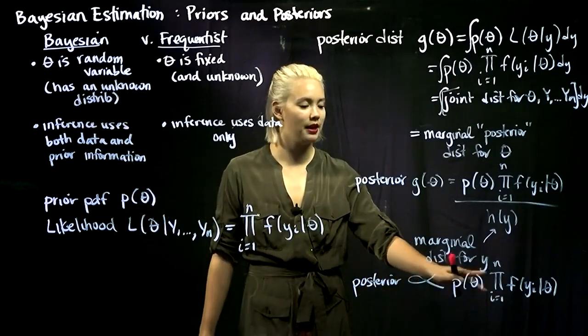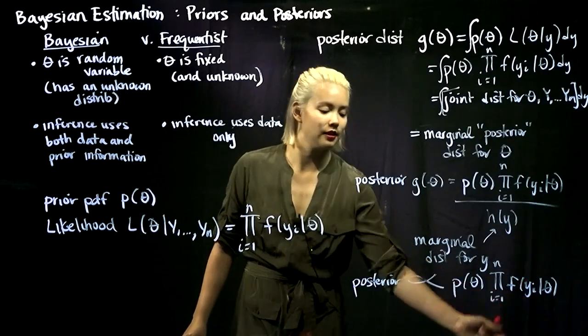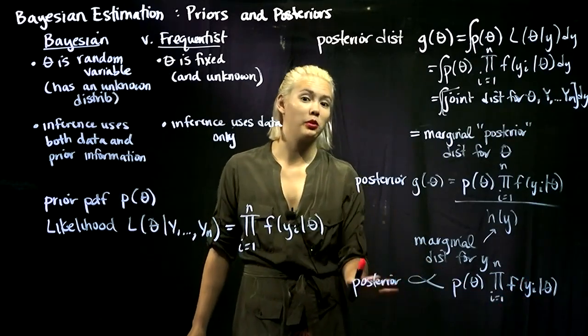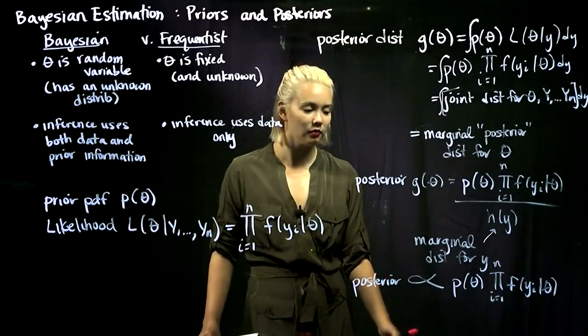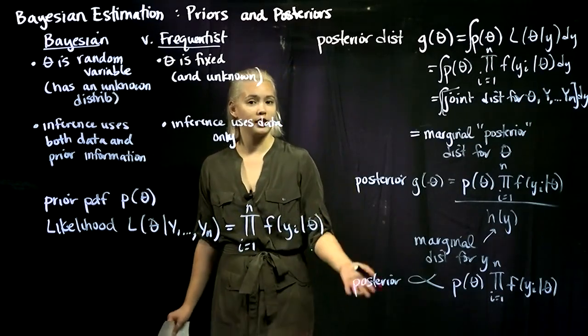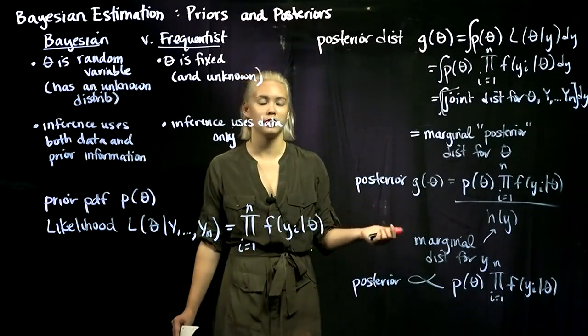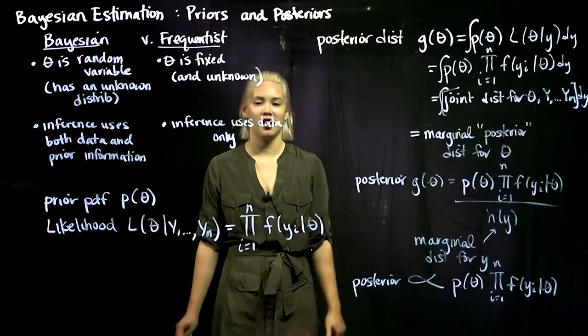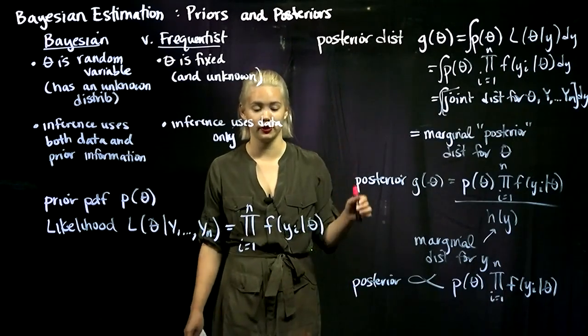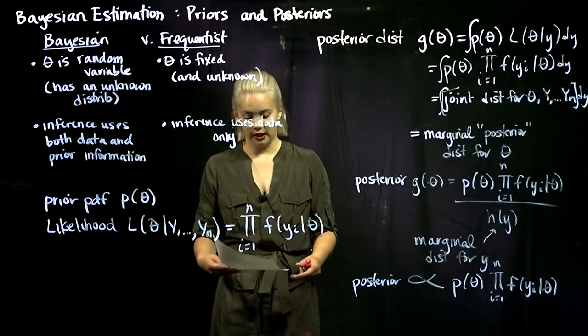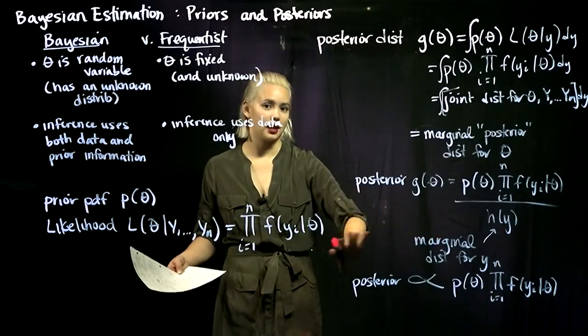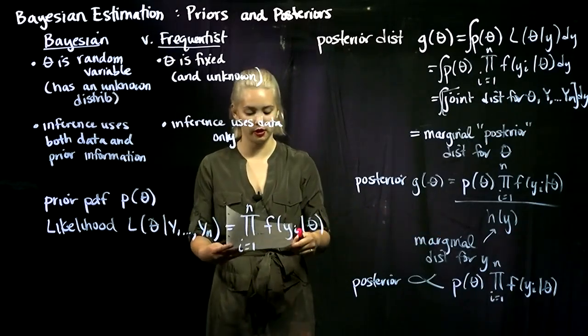So for example, we could do point estimation, we could do the Bayesian equivalent-ish of confidence intervals, so credible intervals, or hypothesis testing. Any of this we would do with the posterior distribution.